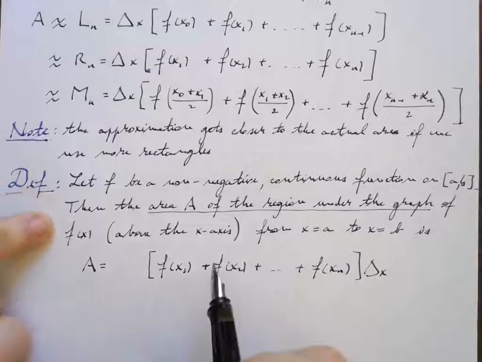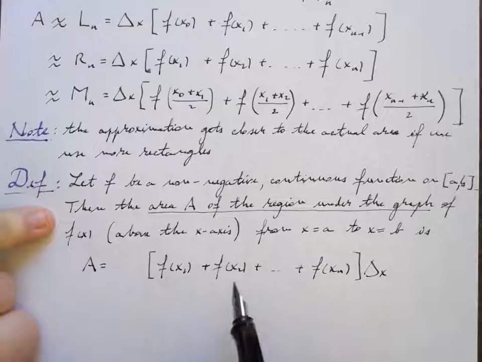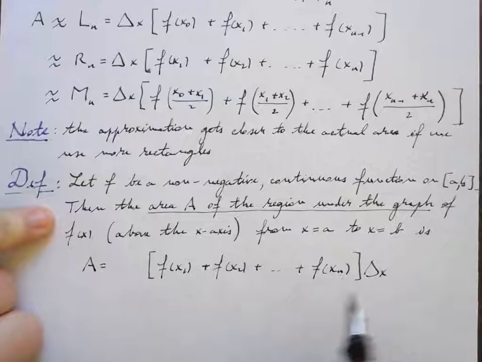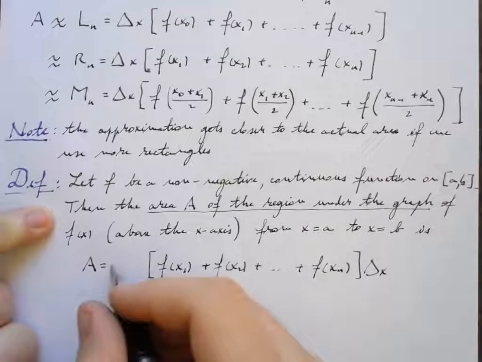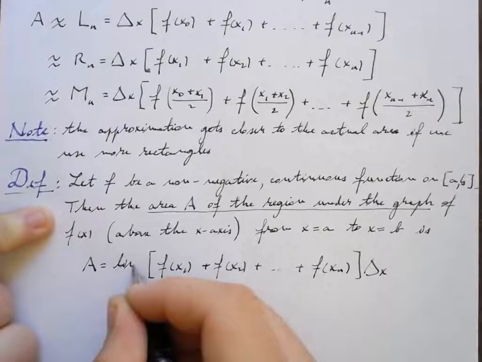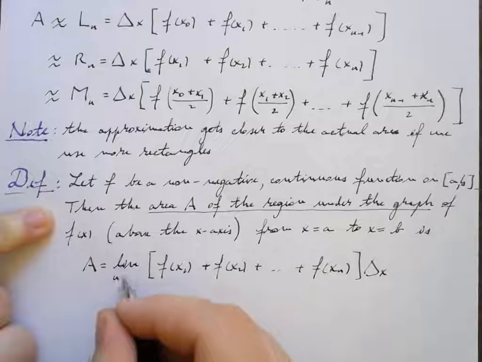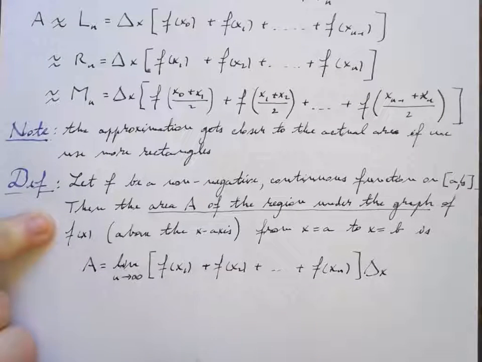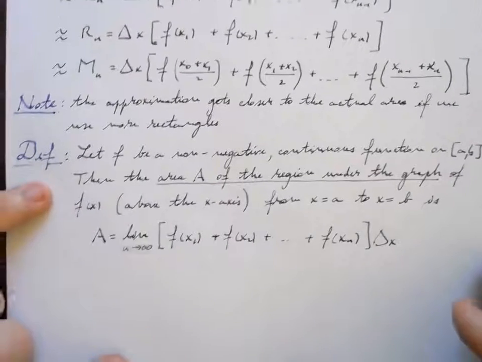But since this approximation gets better and better the more rectangles we use, I'm going to let little n, which is the number of rectangles that we use, approach infinity. So it's the limit of this expression as little n goes to infinity. That is what the actual area is going to be.